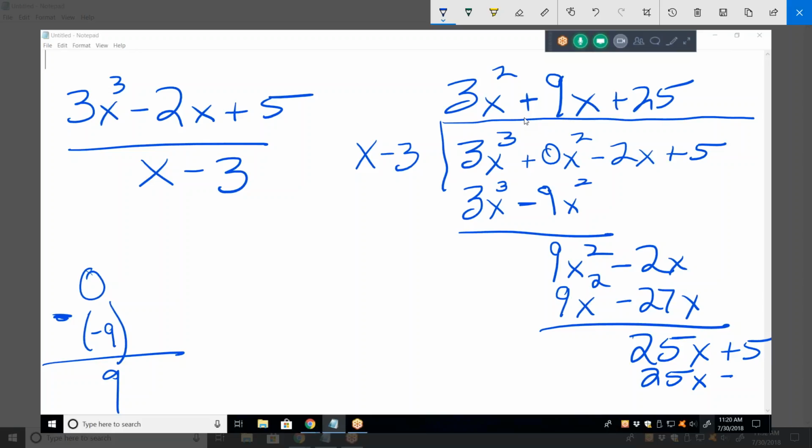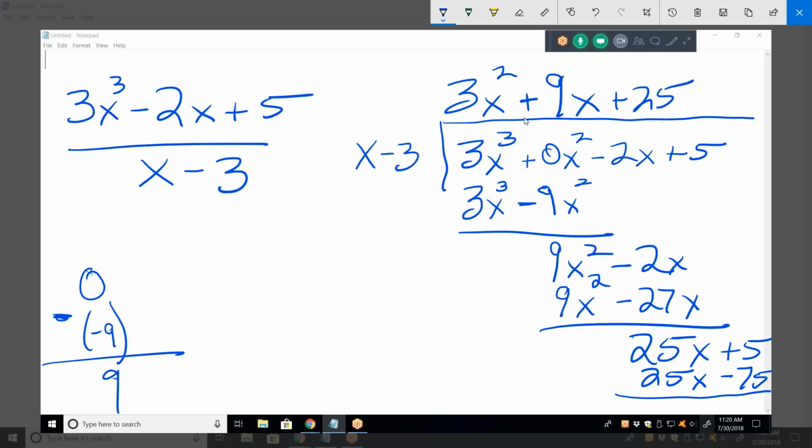Minus 75. Yeah, in other words, don't drop negative signs, but don't add negative signs either. That 25 times x is plus 25x. It's just we're subtracting at every step here. Once you subtract the last thing, what do you get for a remainder?